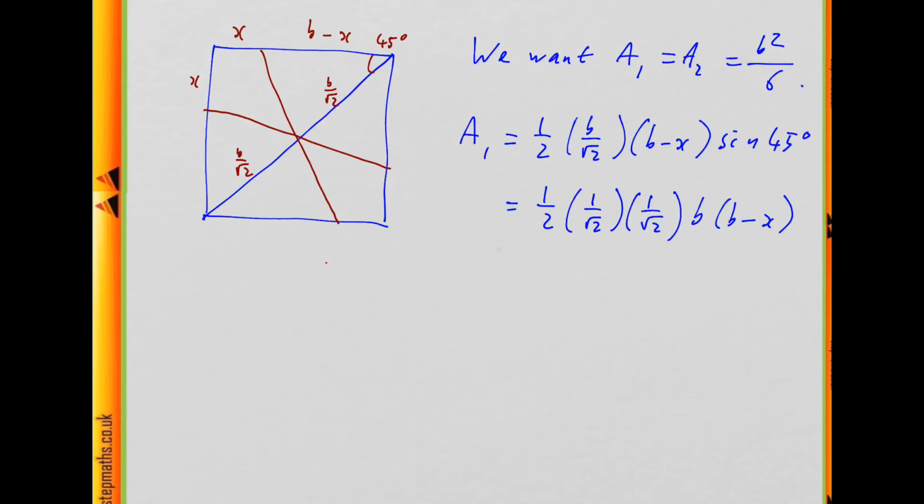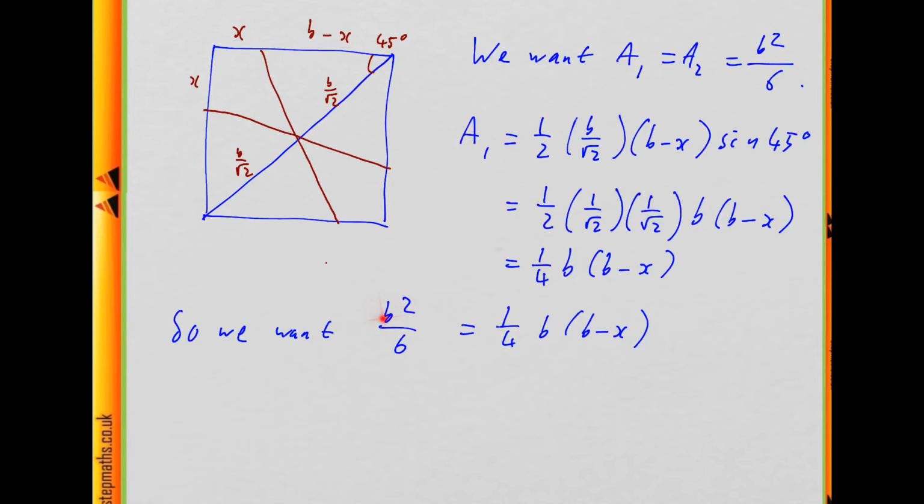We're setting that equal to this. So we're getting b squared over 6 equals 1/4 of b times b minus x. And what can we do to simplify this? We'll eventually want to rearrange to get x, but first we can divide both sides by b. And also we can get rid of the fractions.